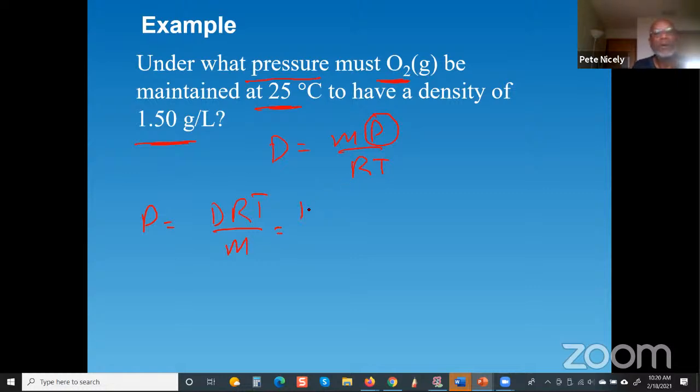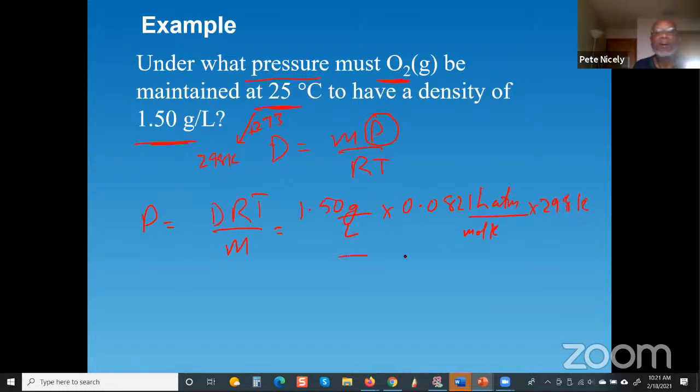So this becomes 1.50 grams per liter times R, which is 0.0821 liters atmospheres over mole Kelvin, times the temperature, which is 25 degrees Celsius, which when you add 273, this becomes 298 Kelvin.